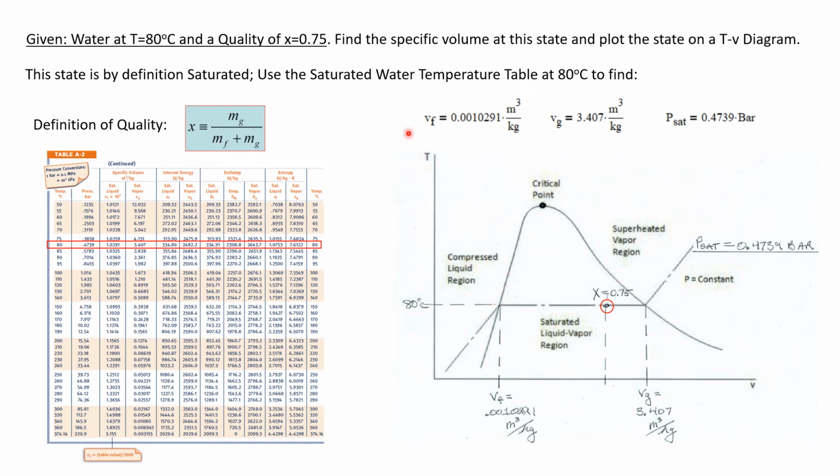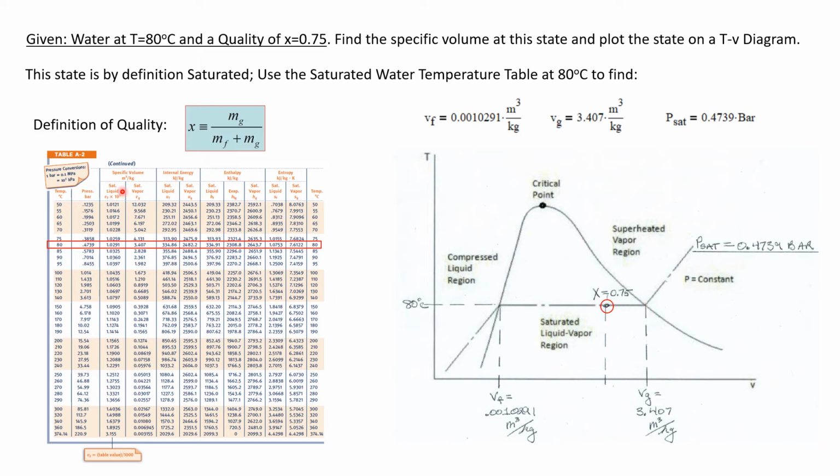Now we were told that the quality was 0.75, so I'm going to locate that on this TV diagram at this temperature and pressure about 3/4 of the way over, indicating that the quality is about 0.75, given that this edge of the line is 0 and this is 1.